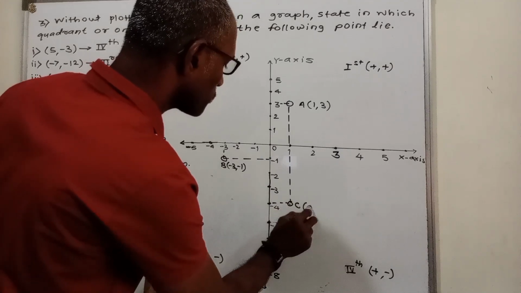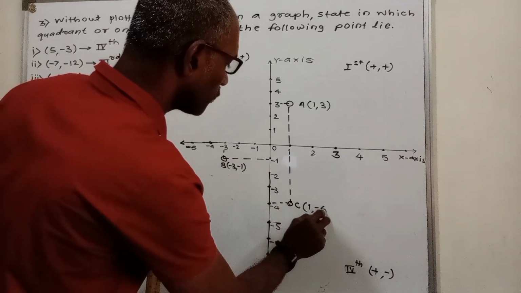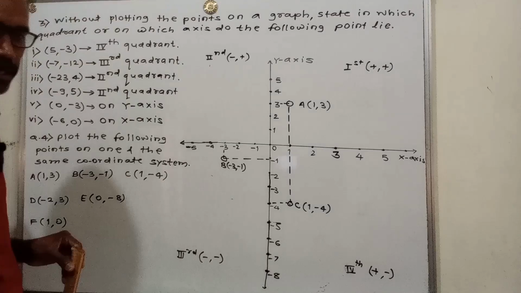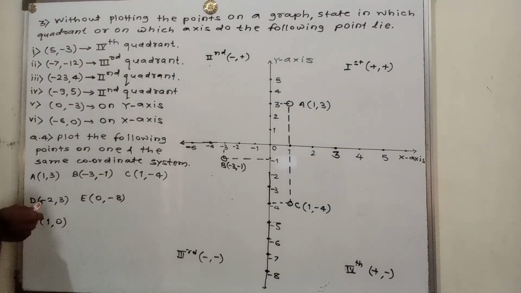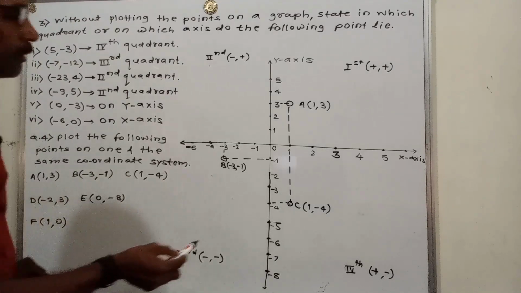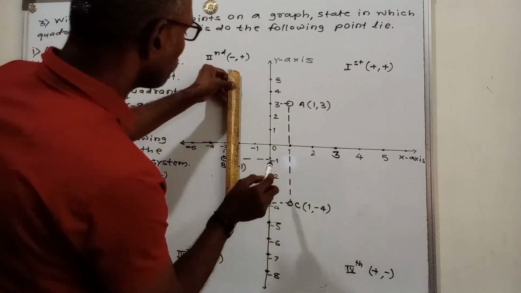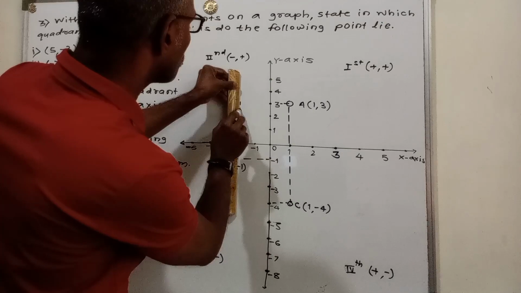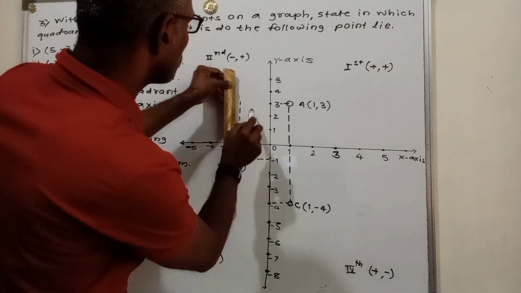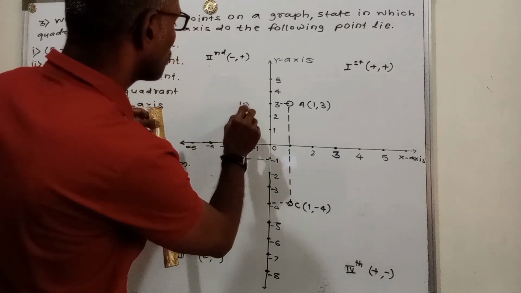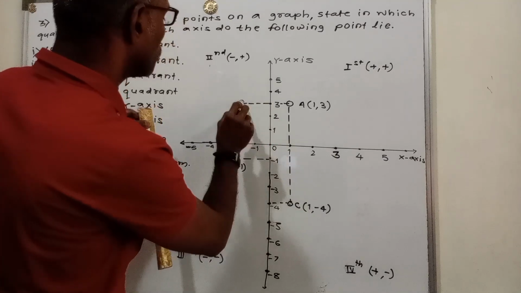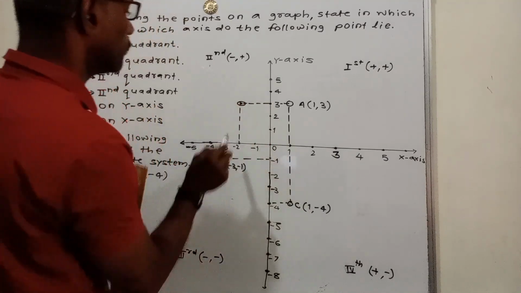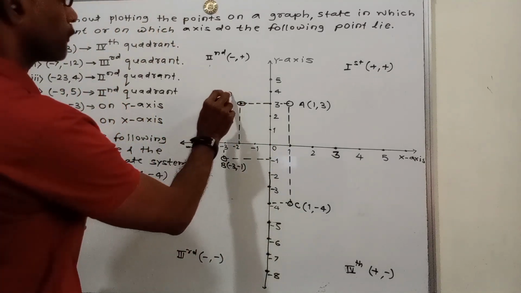This is C 1 comma minus 4. Did you get it? Then D minus 2, 3.